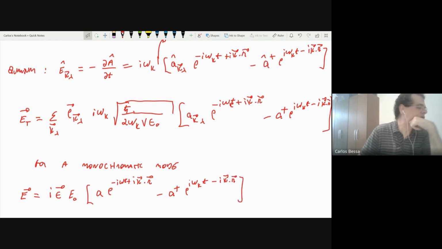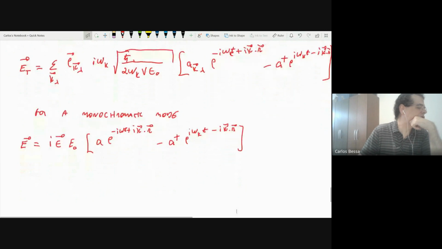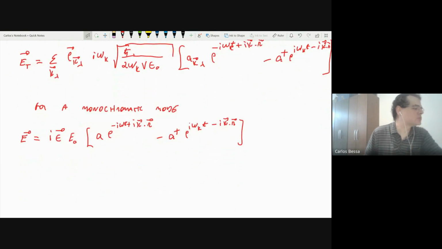And to simplify things, we just consider that omega t is some multiple of 2 pi n, right?